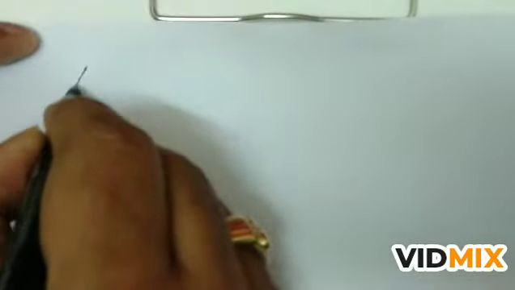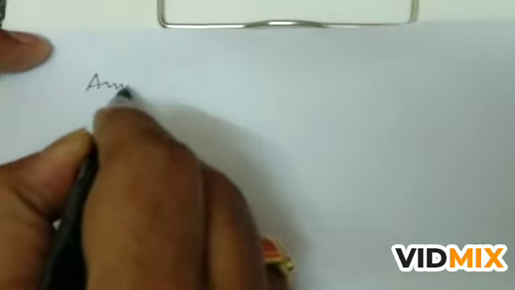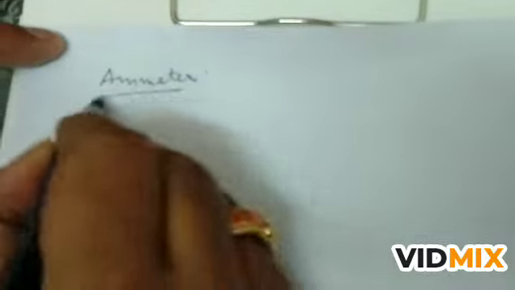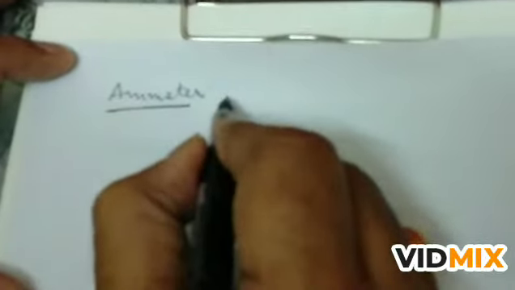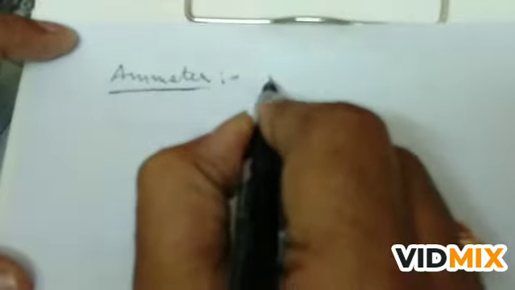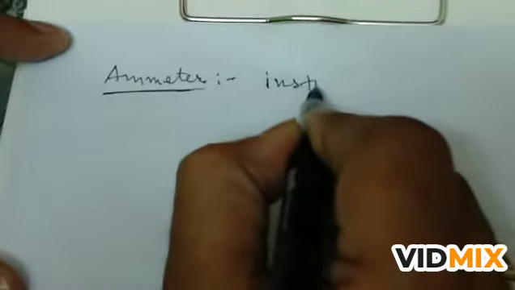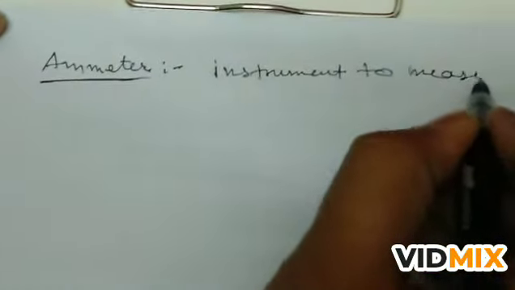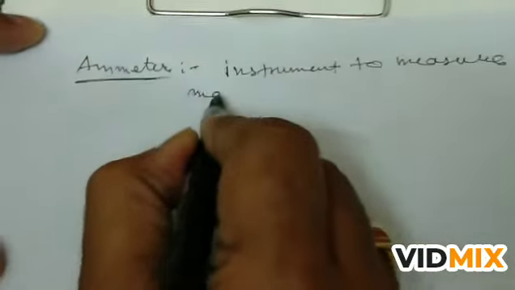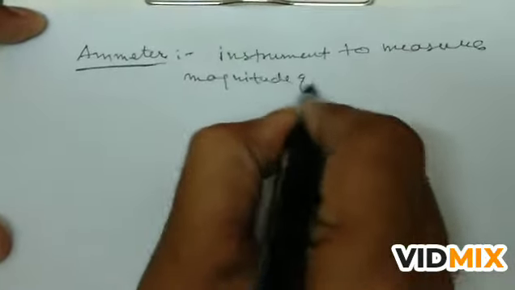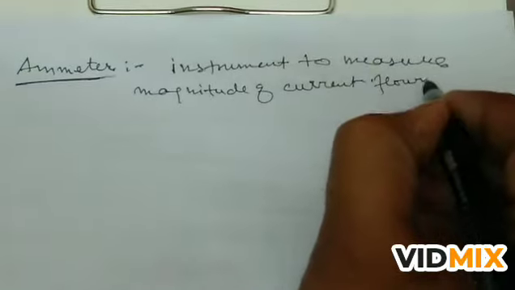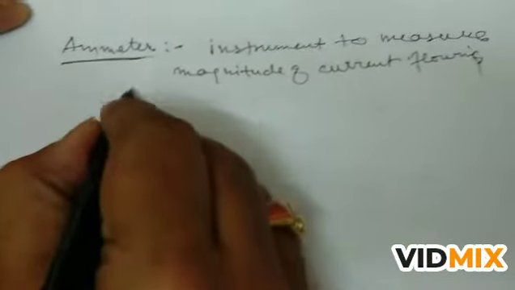Next, ammeter: A double M E T E R, ammeter. Ammeter is a device, or we can say instrument, to measure the magnitude of current flowing in the circuit.